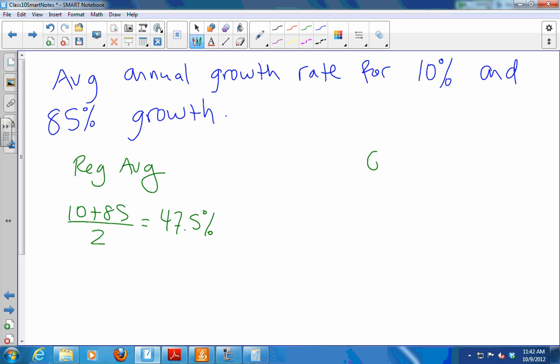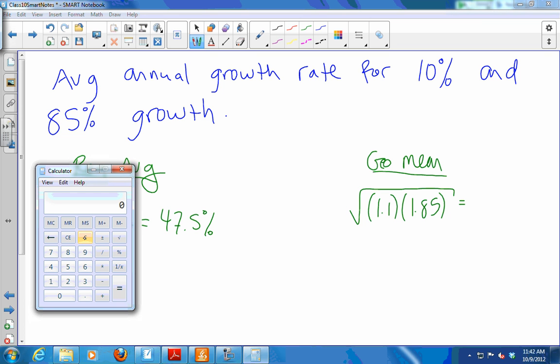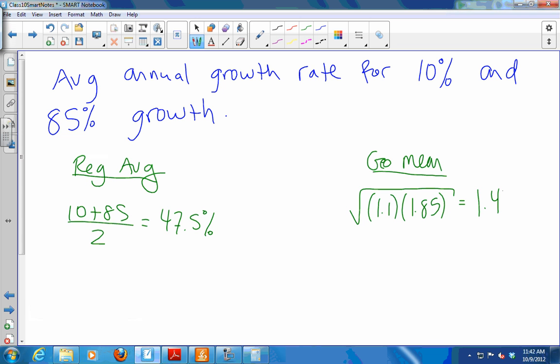Okay. But then the geometric mean, I would do the square root of 1.1 times 1.85. So 1.1 times 1.85 is 2.035, square root it, and I get 1.4265.